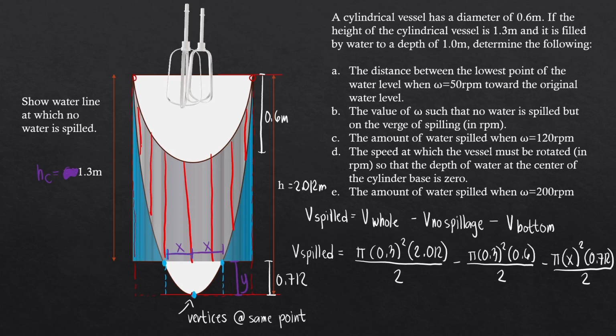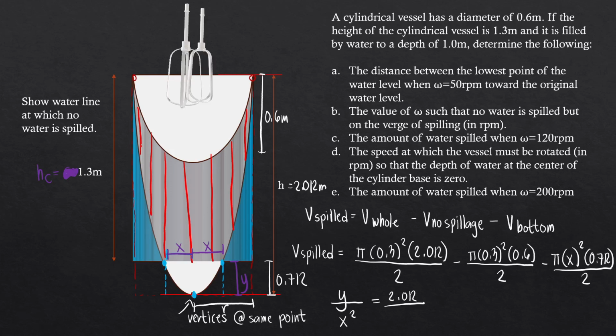And so we can just use ratio and proportion, but we'll consider the squared property of a parabola. And so recall that for y, we need to relate this with x squared. This is used for functions with curves that are of the second degree. So we have y over x squared for this condition, and then we're going to relate this with the total height, which is 2.012, divided by the radius squared, because for this large parabola, our horizontal distance from the vertex up to this point is just going to be equal to the radius.